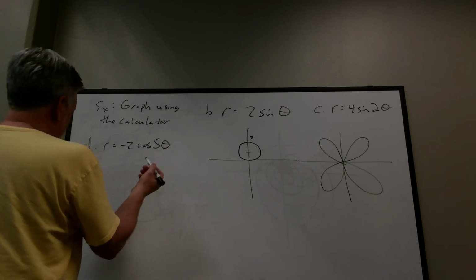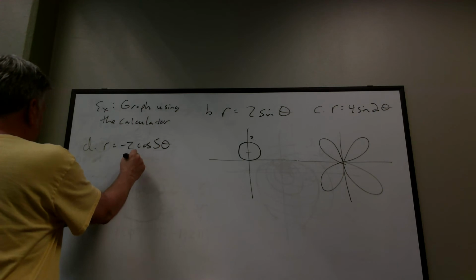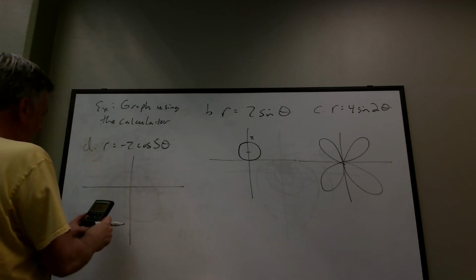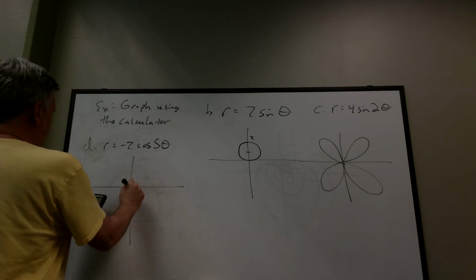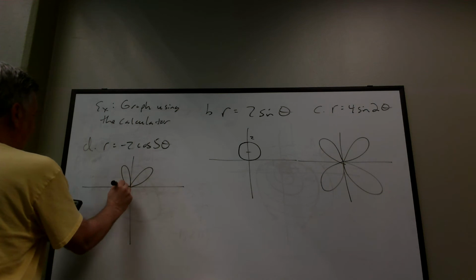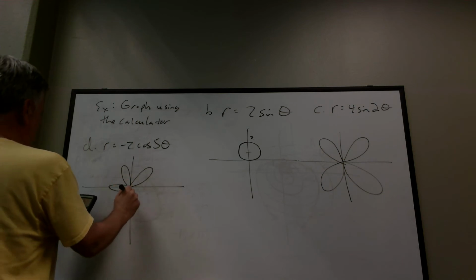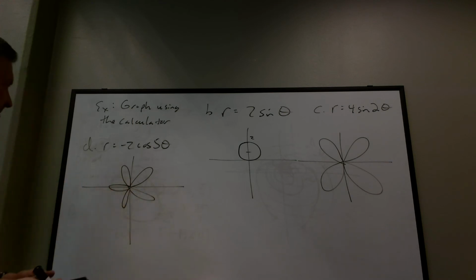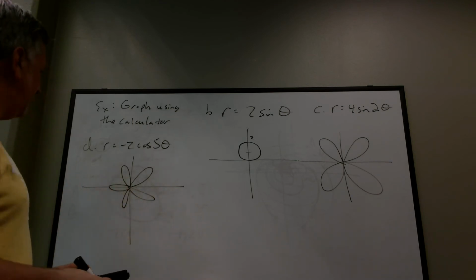So again, I'm going from 0 to 2 pi in every single one of these. So this one, it looks like you have 5 little leaves here. So you have a leaf here, and a leaf up here, and a leaf that straddles the axis, and another one here, and another one here. I know that's ugly, but that's roughly what you get.